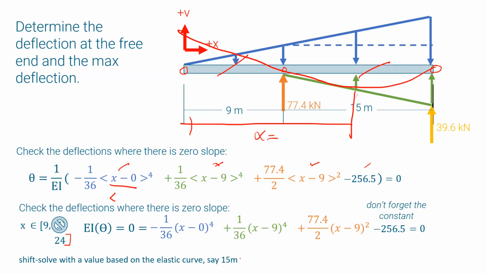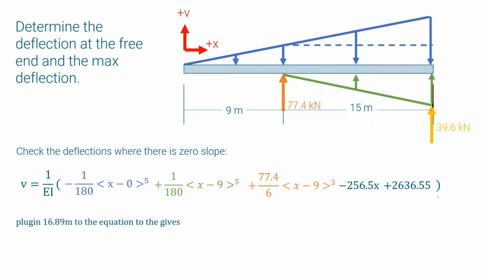So let's say you do 15. So if you do x equals 15 as the initial guess doon sa shift solve niya sa calculator, then what you'll get is x equals 16.89. Pag nakuha mo yung 16.89, we're quite sure that this is the location of the zero slope. Kasi based on our analysis, isa lang naman yan, no? Isa lang naman yung makukuha mong location ng zero slope.